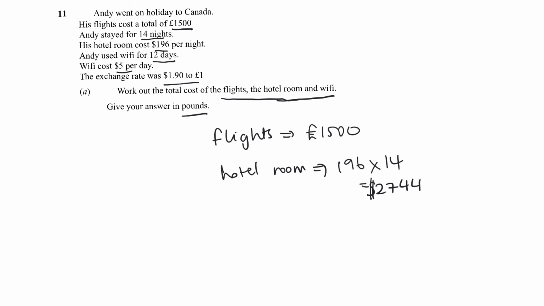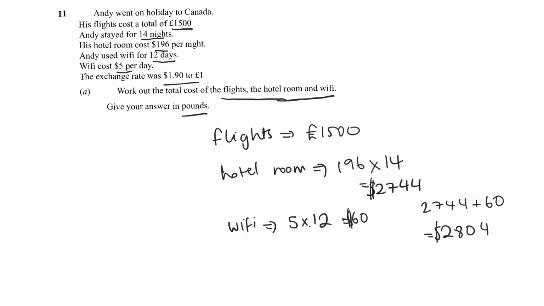And then the Wi-Fi again was in dollars. So then that was $5 per night, so 5, and then for 12 days, so 5 times 12, which was $60. So then add the 2,744 plus the 60, you end up with $2,804. Then we can just convert that into pounds.